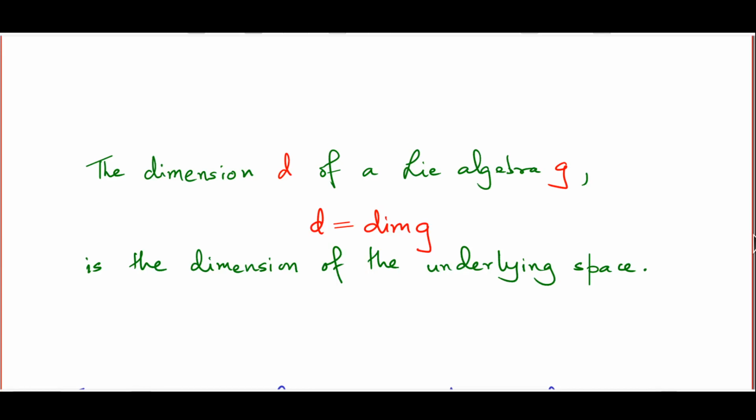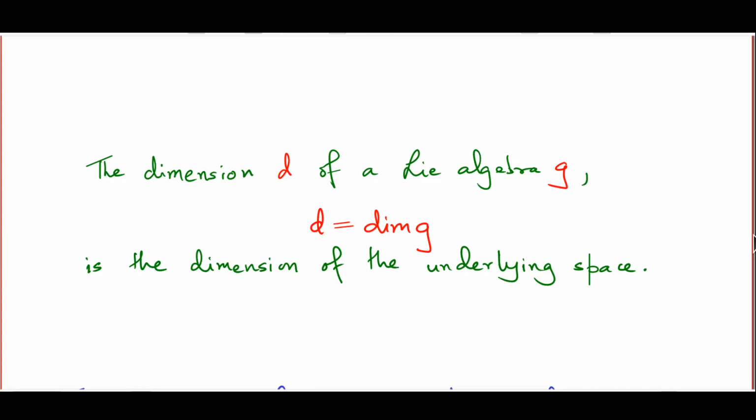But since a Lie algebra is, after all, a vector space, we have a very easy way of talking about how big an algebra is, simply by looking at the dimensionality of the underlying vector space. So the dimension D of a Lie algebra G, written dim G, is the dimension of the underlying vector space. And that exactly is a measure which tells us how big or how small a given Lie algebra is.